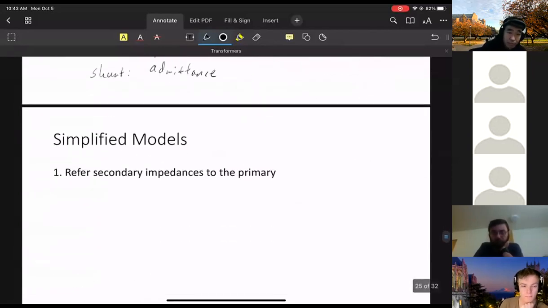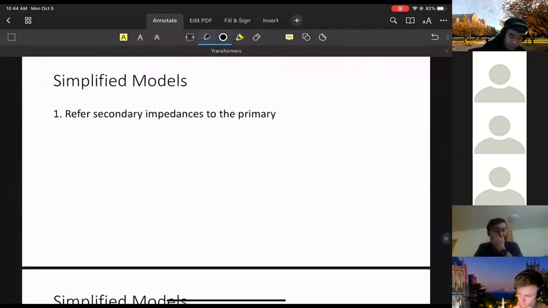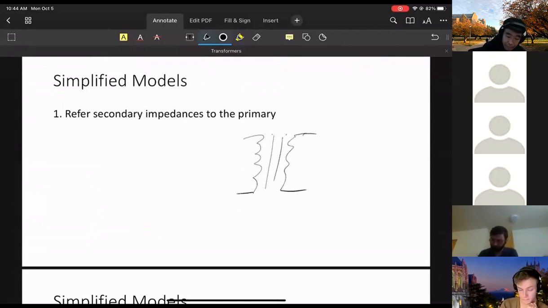To make our life a little bit easier, we write everything into the primary. We still have an ideal transformer, so let's draw that first. But there's nothing on the secondary side anymore, because I'm taking everything to my primary side.